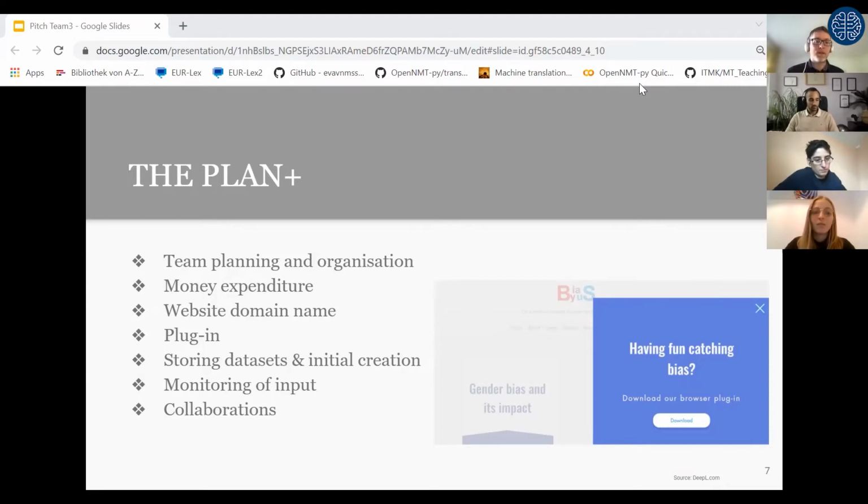So we also have an outline of what we wish to spend the money on that has been made available. For example, to buy a website domain name, to get technical expertise to work on this plugin, and also to store data sets, because if we start creating these huge data sets, hopefully with millions of entries, then we need to store that somewhere in the cloud.